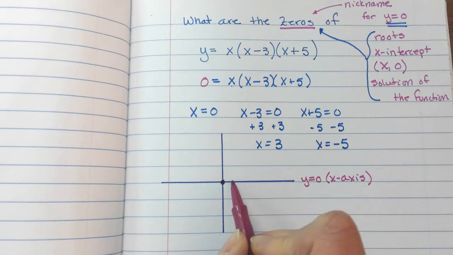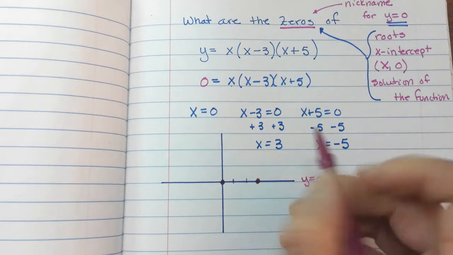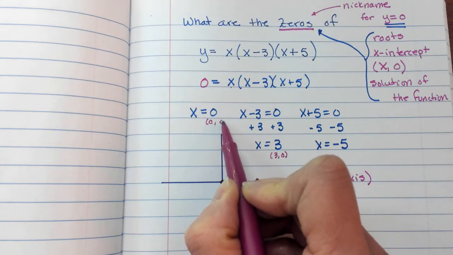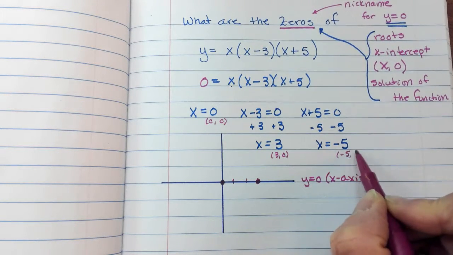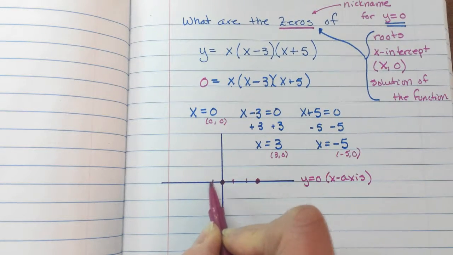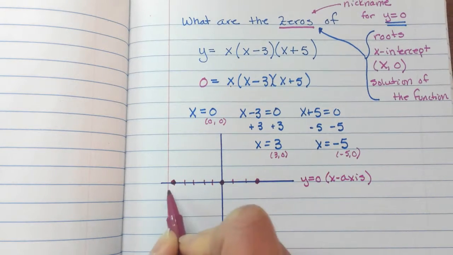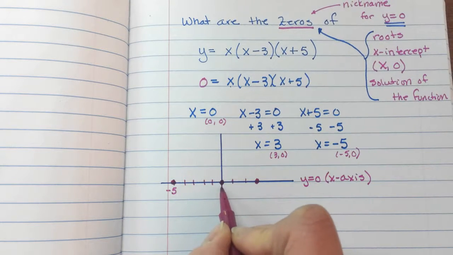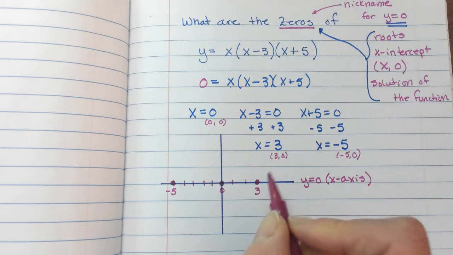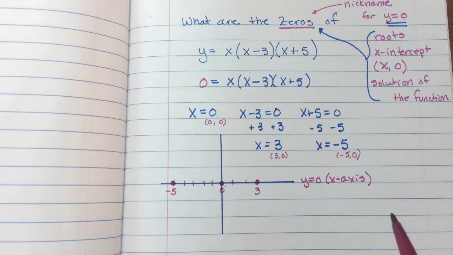X is 3, so we'll do 1, 2, 3. That's the point (3, 0). Let me write this out: this is the same as (3, 0), this is the same as (0, 0), and this is the same as (negative 5, 0), because remember, we're doing x-intercepts. Negative 5 would be 1, 2, 3, 4, 5. So this is where x is negative 5, this is where x is 0, and this is where x is 3. So I know that my function is going to go through those points on the x-axis.